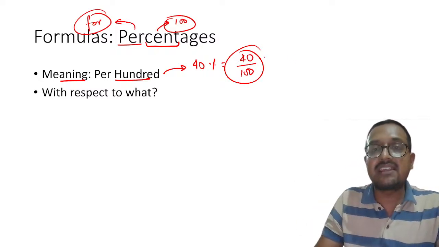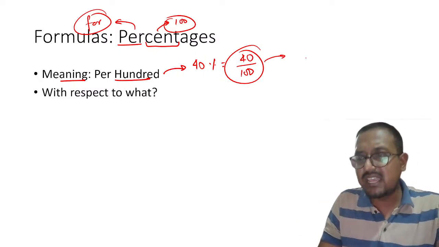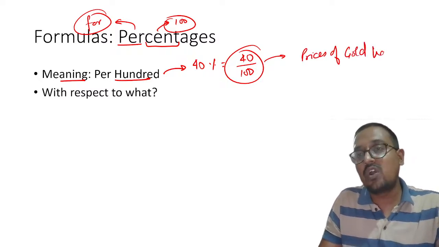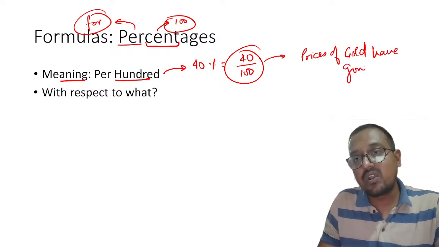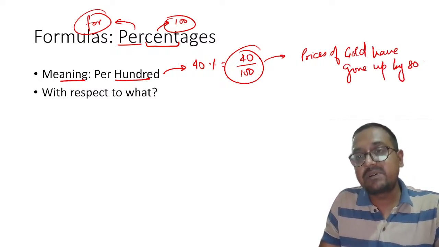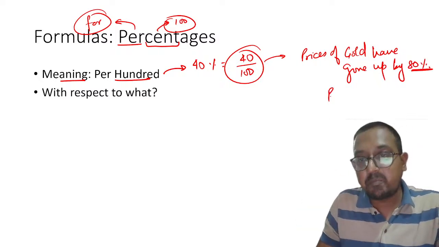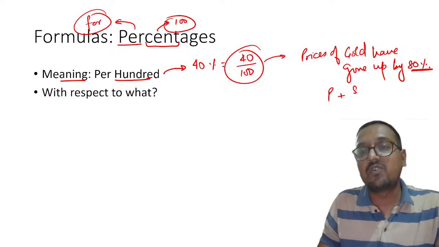Suppose I say that the prices of gold have gone up by 80%. The price, let us say, was P, and now it has gone up 80%.